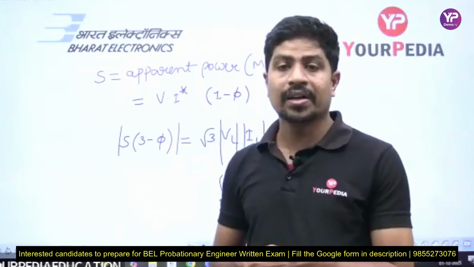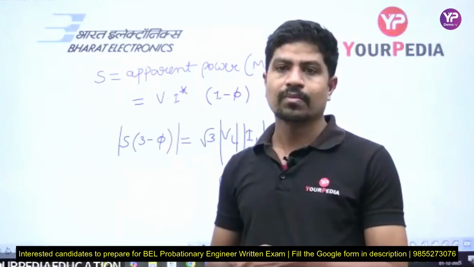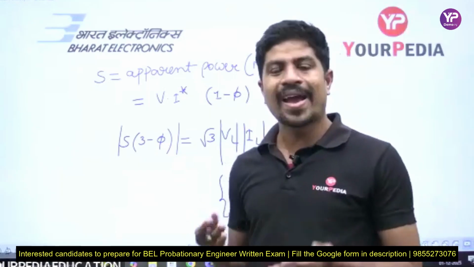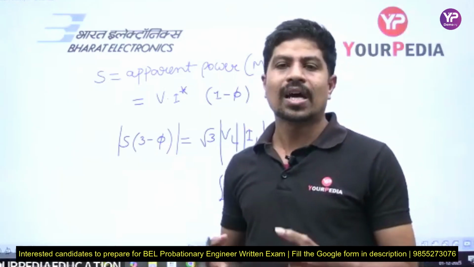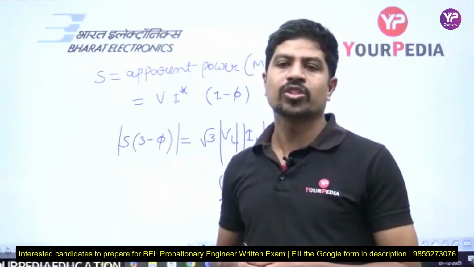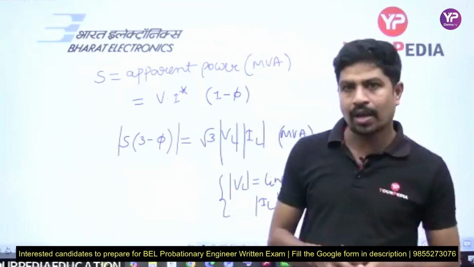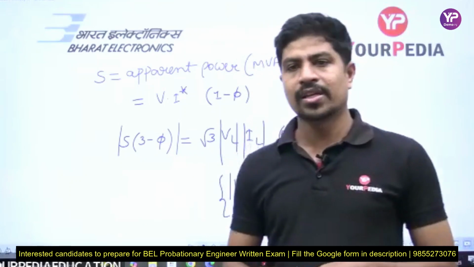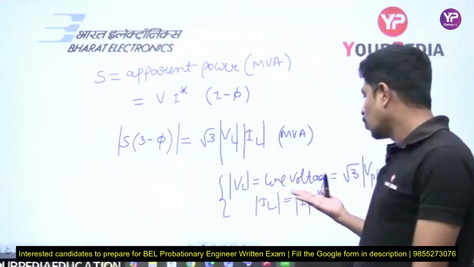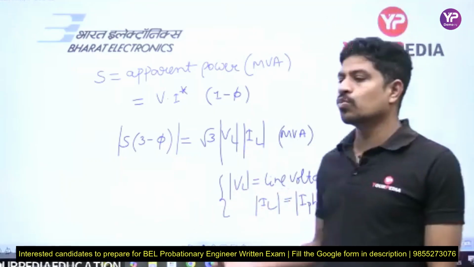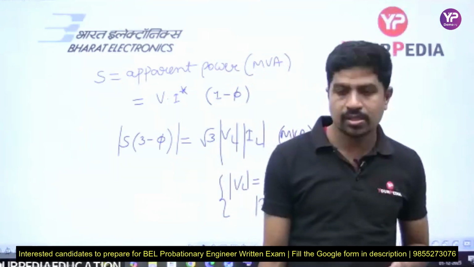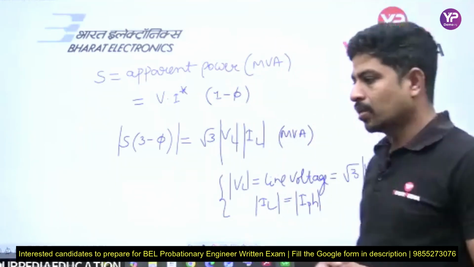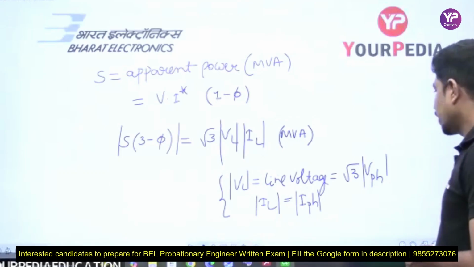Our transmission line is not a machine; only machine windings will have star or delta. But transmission line voltage current characteristics match with the star connection of a machine.